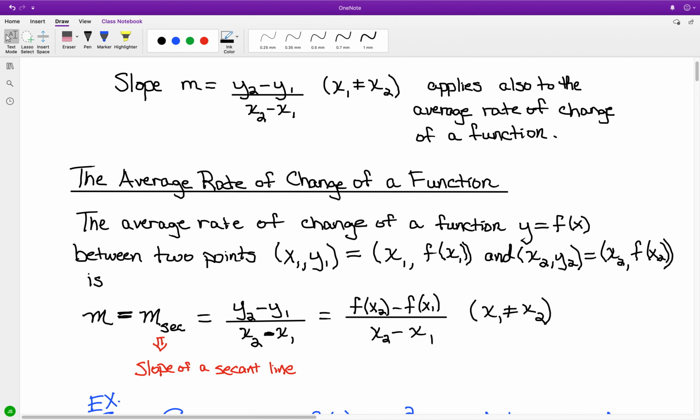For the slope of the secant line, or the average rate of change of a function, you're still going upon the change of y with respect to the change of x, in the form f of x2 minus f of x1 all over x2 minus x1, where neither x1 nor x2 can be equal to each other.